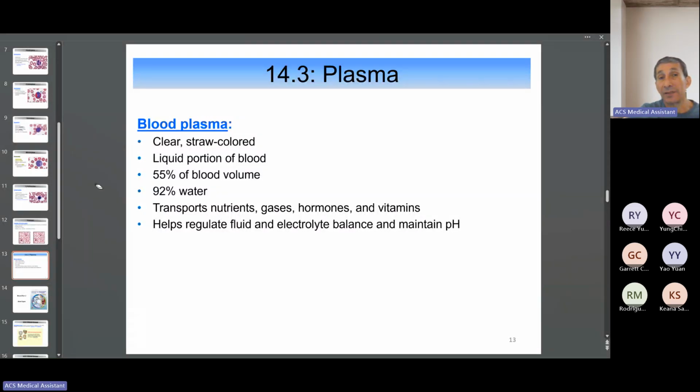Remember, this is the part that we are going to analyze. This is the part that we're gonna try to figure out to see if you have too much or too little hormones, or too much of the gases, too much oxygen, little oxygen, too much carbon dioxide, little carbon dioxide.